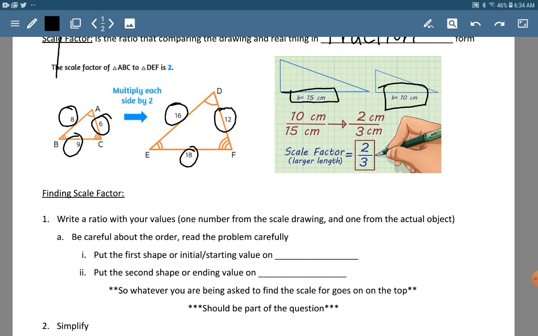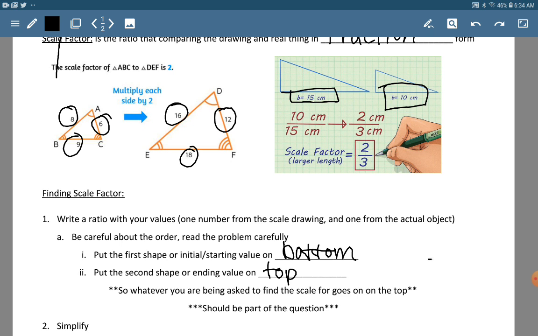Finding a scale factor, you first want to write a ratio with the values, one number from the scale drawing and one number from the actual object. So be careful about the order and read the problem carefully. You want to put the first shape or the initial starting value on the bottom, and then put the second shape or the ending value on top.